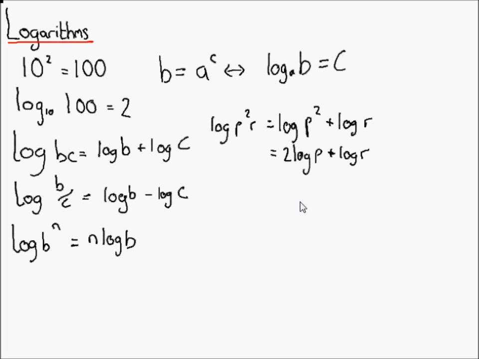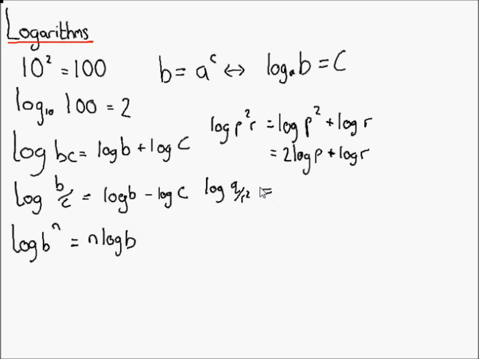Let's move on to a division. Let's do log q over r squared, expressed in terms of log q and log r. Again, you can skip ahead, but this is simply using this rule here.